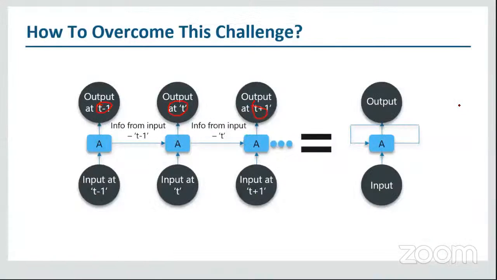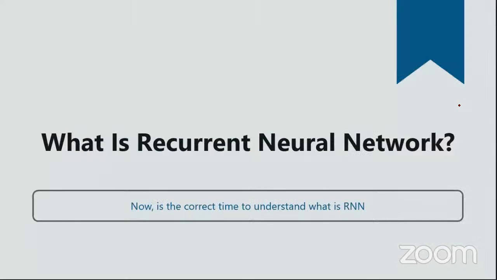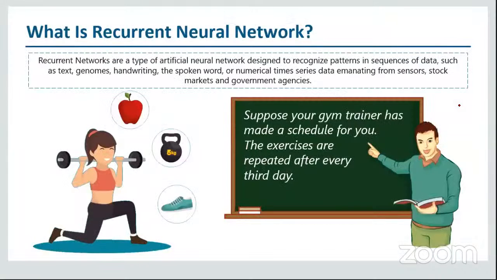Okay, so if you see this particular thing, let's say, what is our recurrent neural network made of? Now, if you go here and see this particular thing, see what happens.